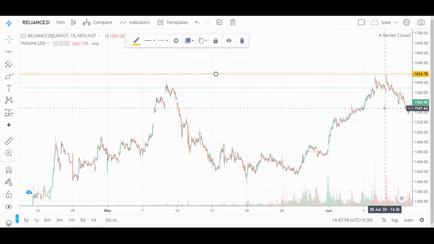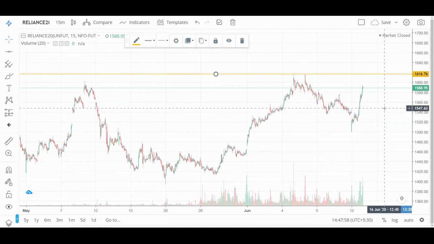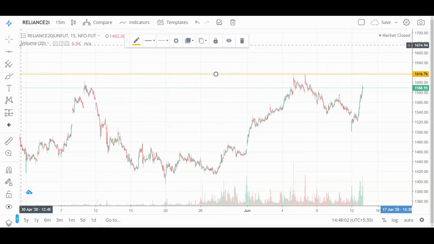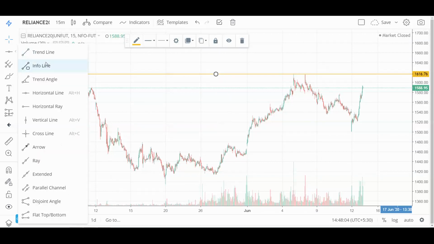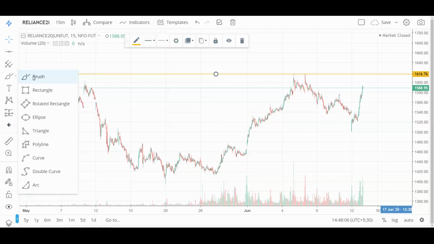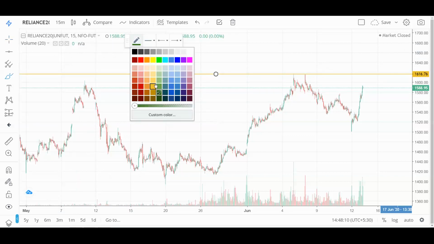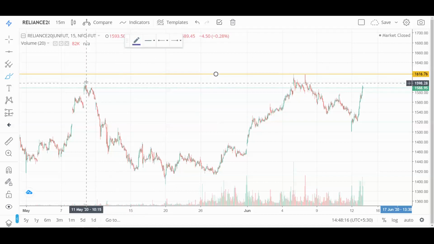So you can see here somewhat of a cup and handle pattern is formed. Let me draw it here. I will select the brush. Color you can choose as per your preference. So I will take this color.